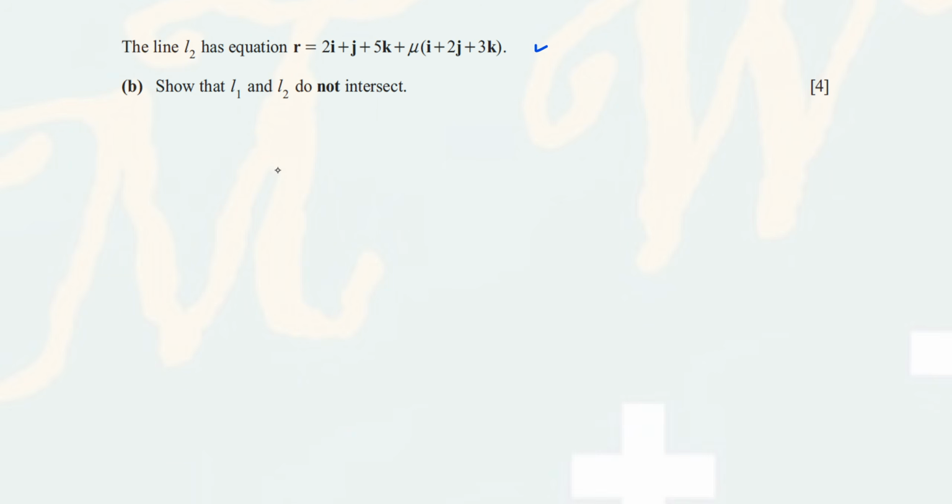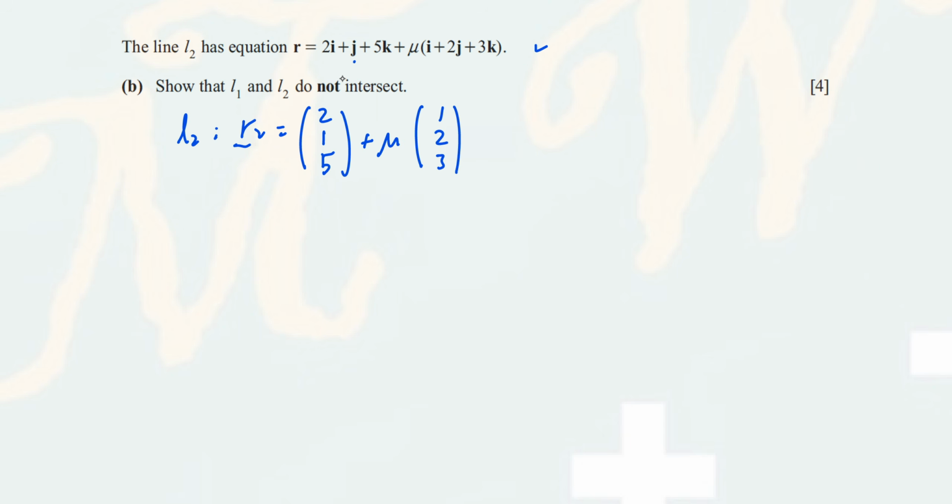Now L2 is given. Okay, so now L2 has equation, probably I will just write r2. L2 has equation r2 with the point (2, 1, 5), because 2i, 1j, 5k, plus mu (1, 2, 3). Now, you need to show that L1 and L2 do not intersect.